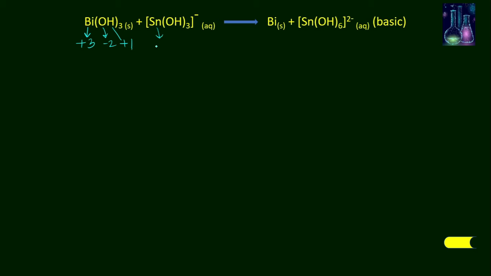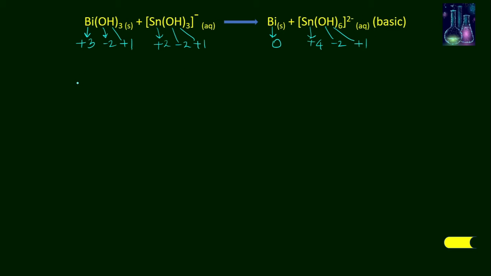Here tin is +2, oxygen -2, hydrogen +1. Bismuth here is single, therefore 0. Tin here is +4, oxygen here is -2 and hydrogen here is +1. And the reaction takes place in basic medium.